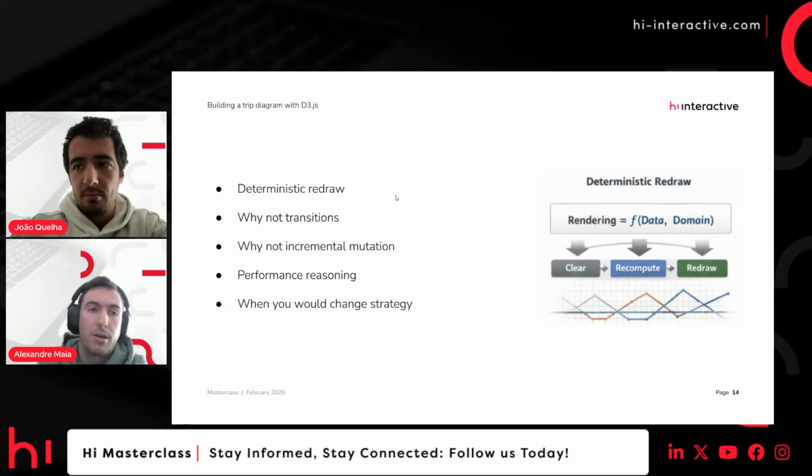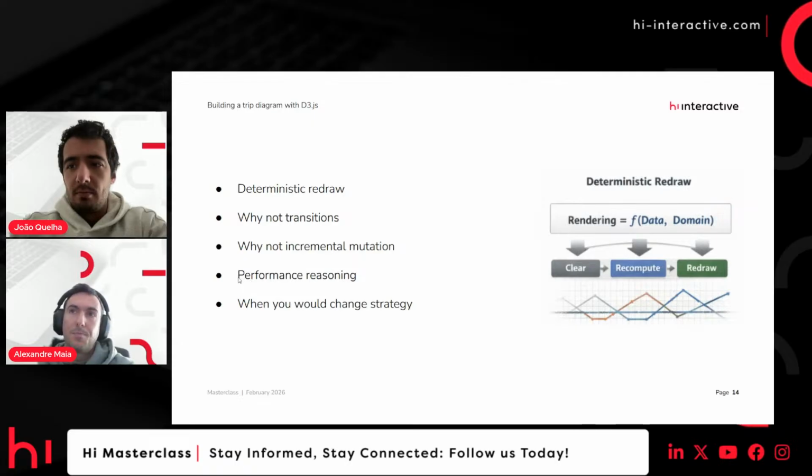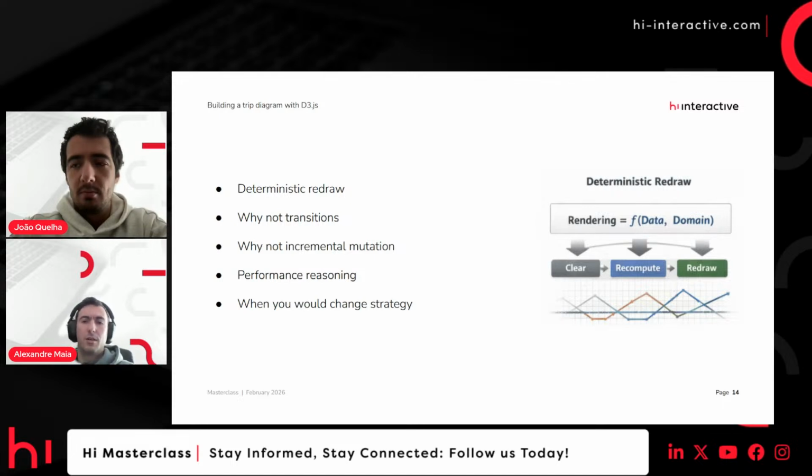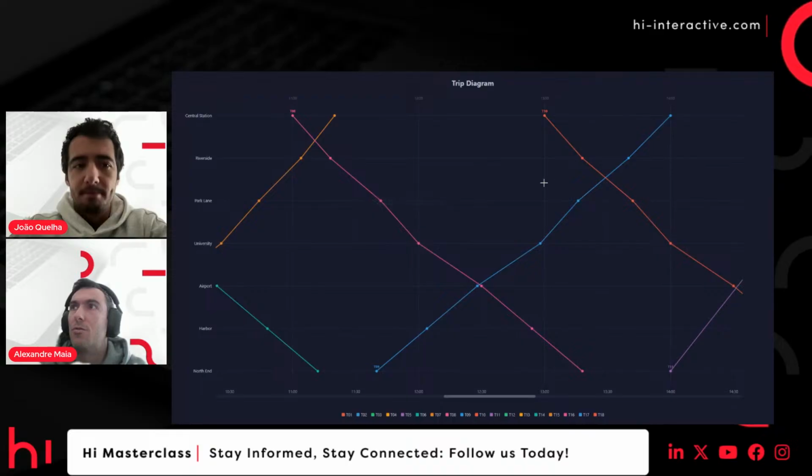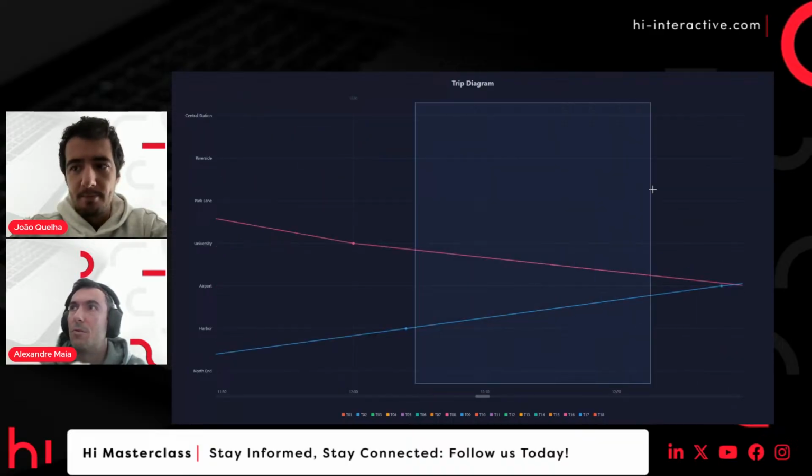Here it's just 18 trips, so it does not justify it. At this scale we have maybe 100 or 200 SVG elements, so a full redraw is effectively instantaneous. As you can see, as soon as you do it, it responds very fast.